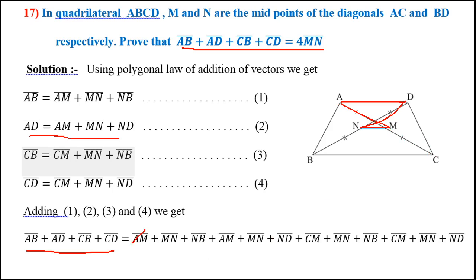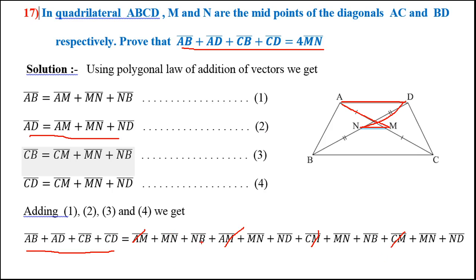This AM and CM are opposite vectors, so their sum is 0. Now here also I have AM bar and AM bar, and to cancel this I want CM bar. This is CM.